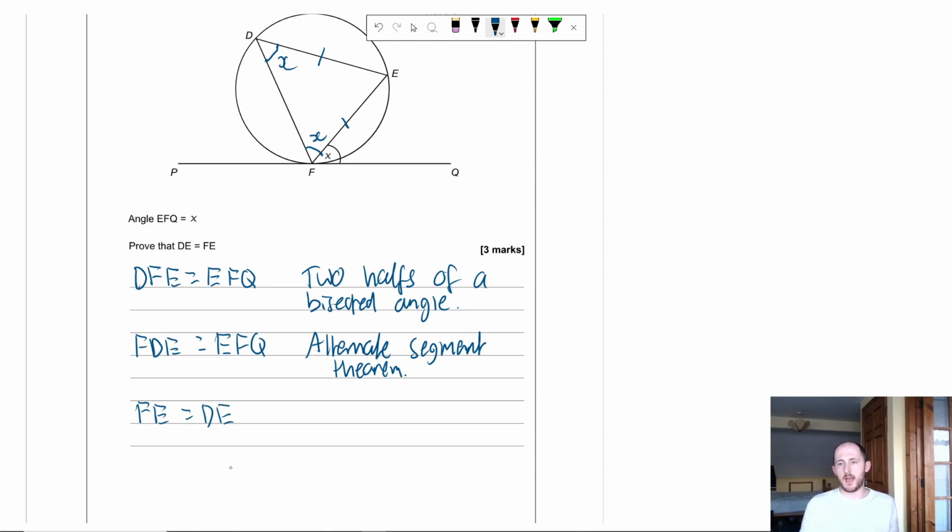because FDE is isosceles with base angles FDE and EFD.